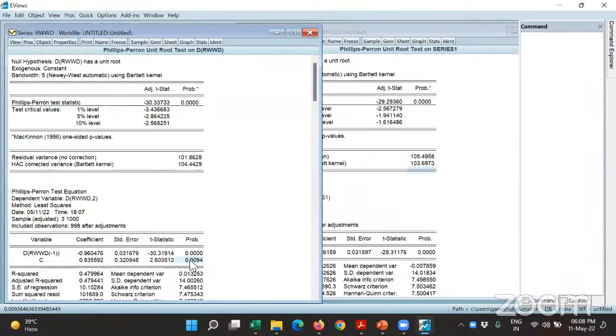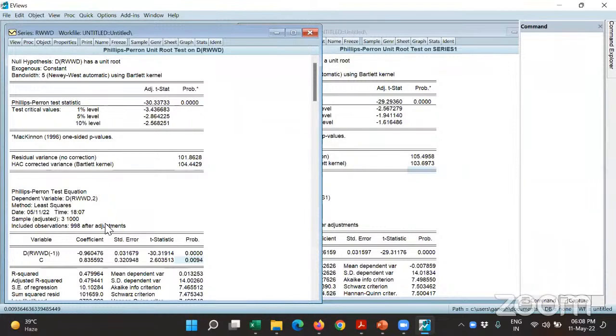Only in those cases can you use the regression equation without an intercept. Otherwise, as far as possible, it's always advisable that you keep the intercept in your regression equation, whether it is a testing regression equation for unit root, or a normal regression equation in your model building.